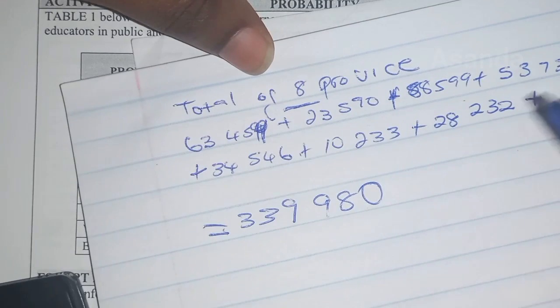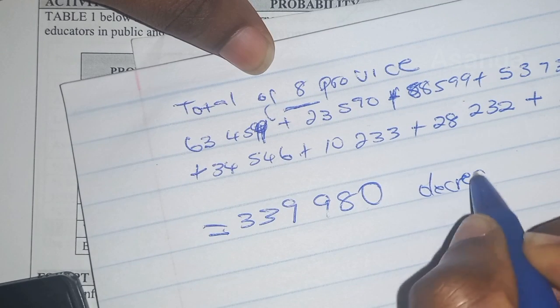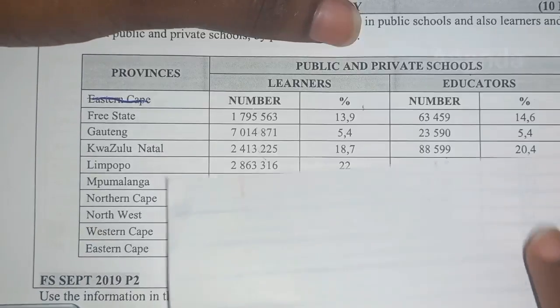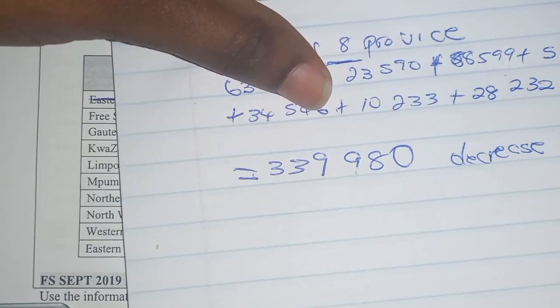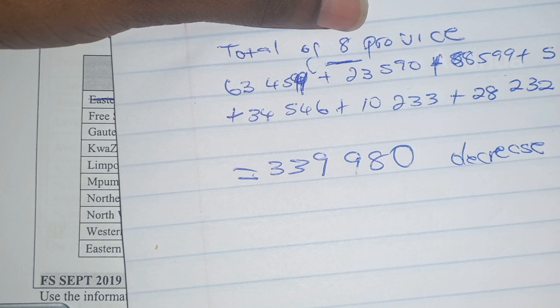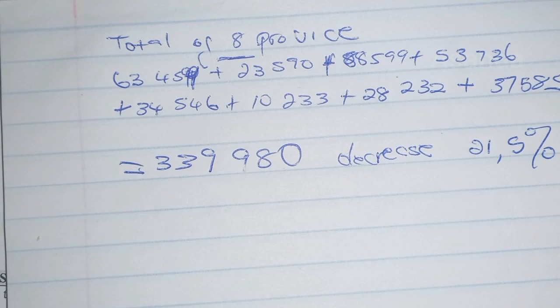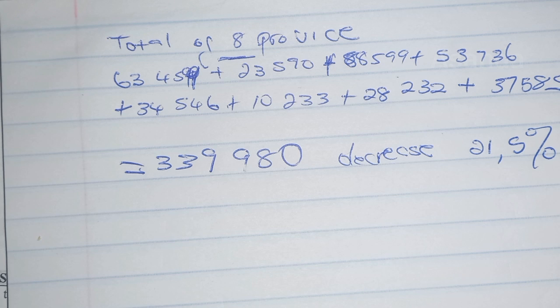So this number was decreased by a number that I don't know, but I know that it was decreased by 21.5%. So I need to bring back the 21.5%. This is like when it was decreased with a discount, and now you need to put it back, right?